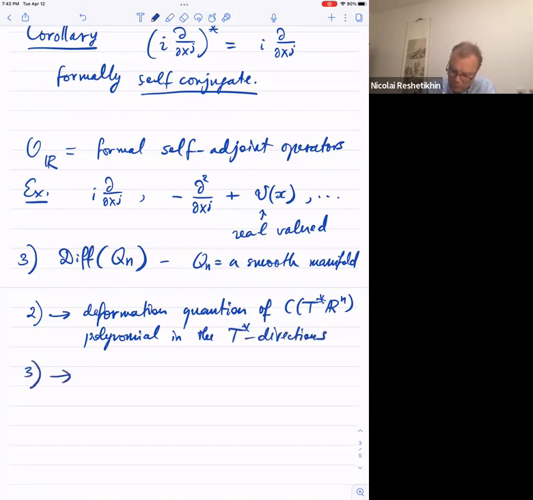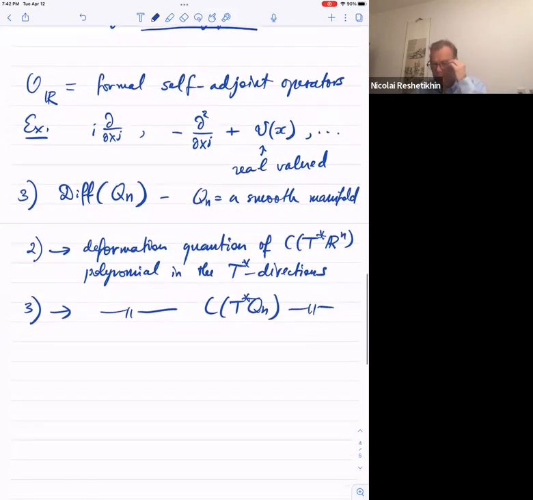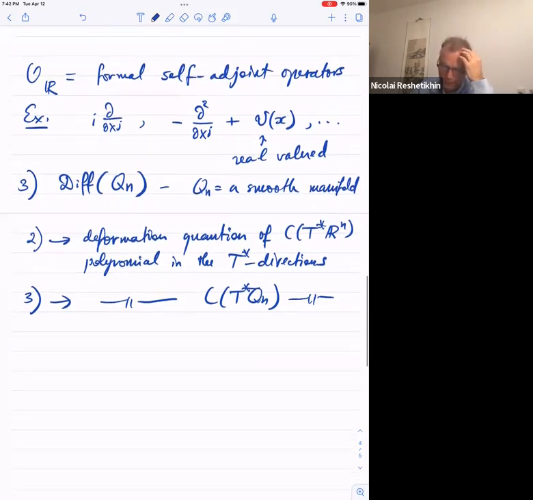And the third example is deformation quantization of functions on T star Qn. Again, polynomial in T star directions. If you remove the word polynomial, then these will be so-called pseudo-differential operators. Okay.